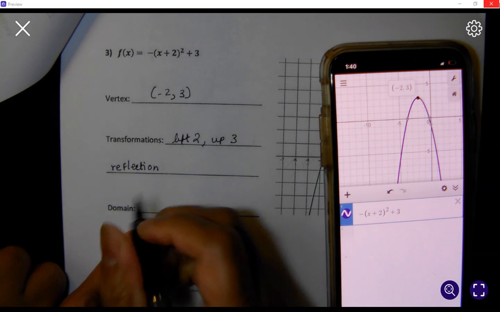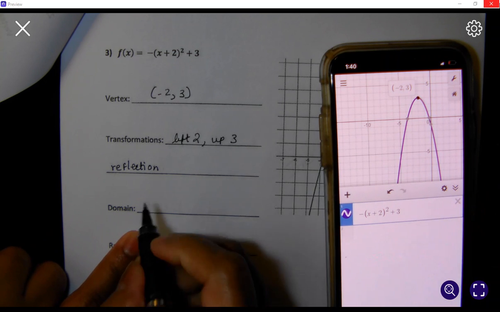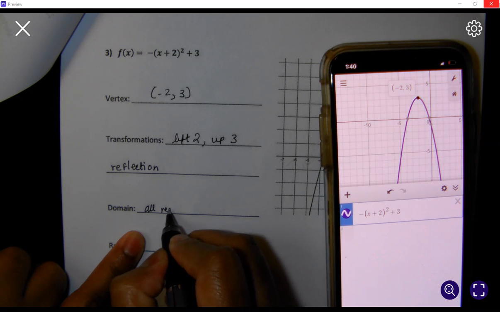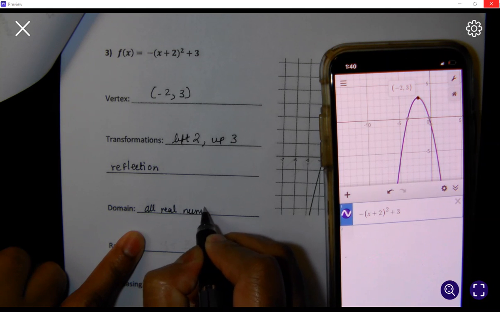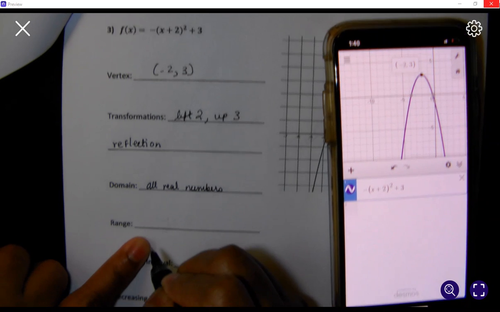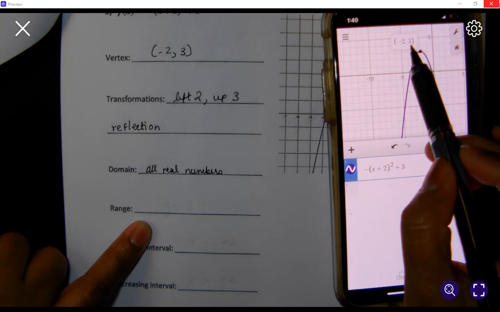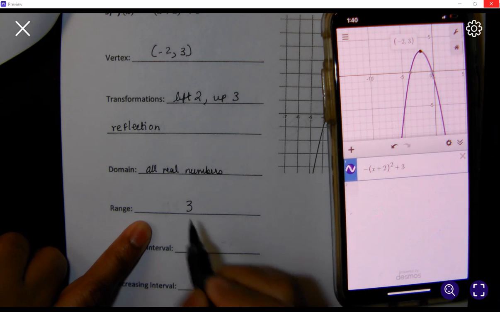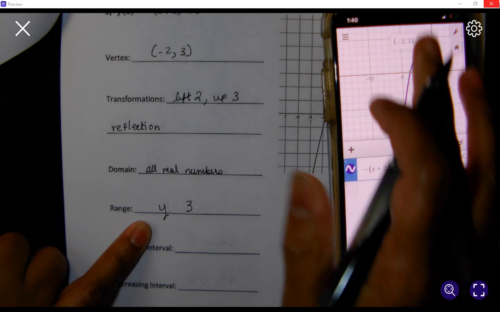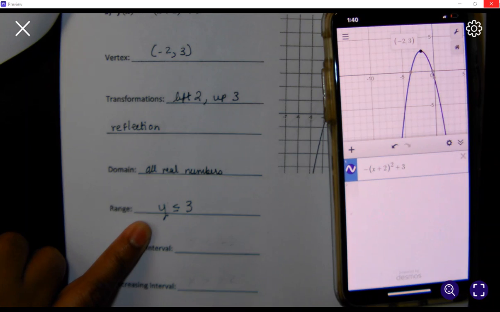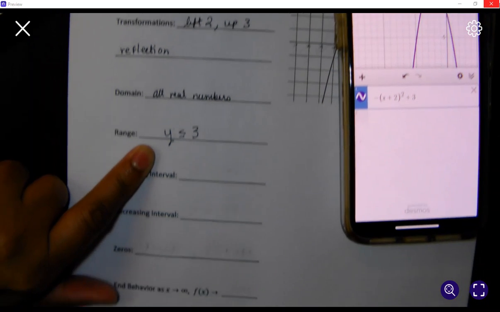The domain is going to be from negative to positive, so it's all real numbers. Now the range: we look at the y coordinate of the vertex, which is 3, and y is less than 3, so y is less than or equal to 3.